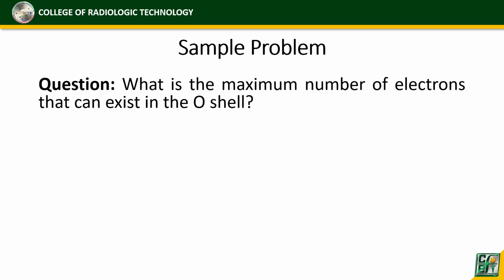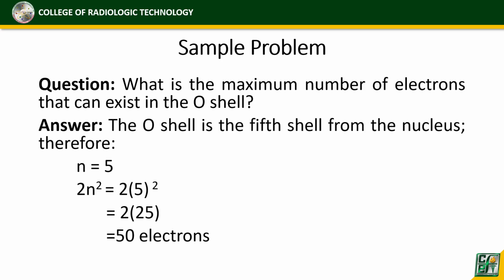Pang fifth. Yes, very good. Pang lima. So therefore the formula 2n squared will become 2 times 5 squared. Very good. So magiging ang kanyang maximum capacity is 50 electrons. Okay. So maximum capacity yan ng O shell.